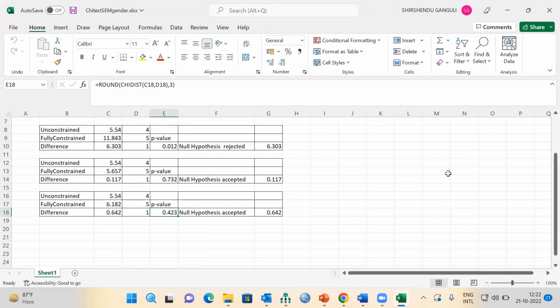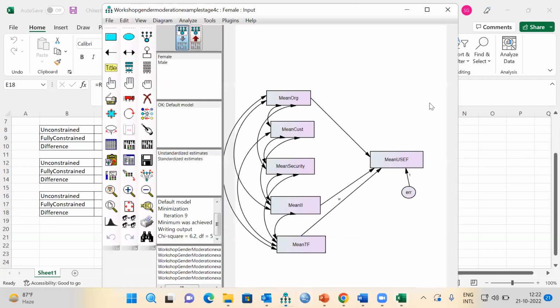So the moderation effect is present in this model. The two groups differ as far as the model is concerned, but out of all the three paths, only the organization of information, ORG to usefulness, path has a significant moderation effect. That means the two groups differ for this path only. The other two paths, as we have checked from the chi-square test, are not significant.